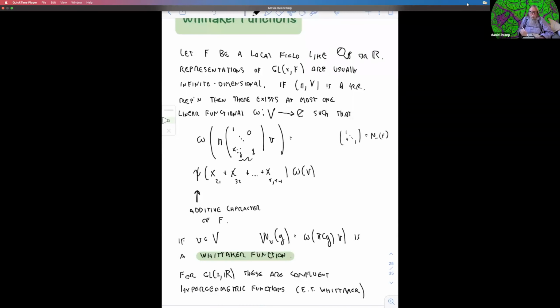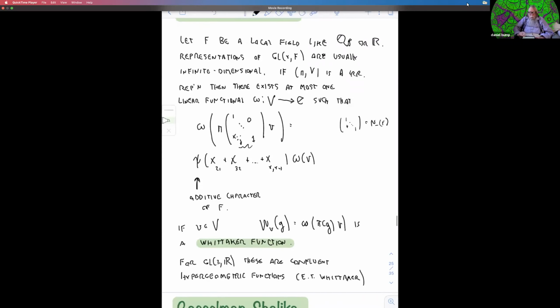Then if I have a vector in the representation, then I can consider this function. I'm going to apply the representation to the vector, and then I'm going to apply this functional. This is called a Whittaker function.